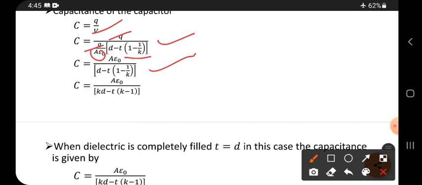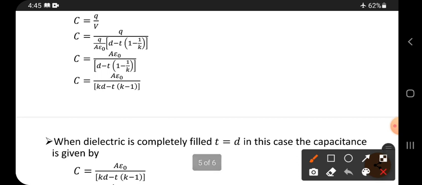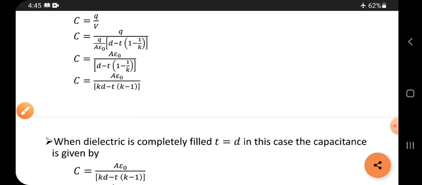Now take out LCM K, so it multiplies here and here also it multiplies. So this is LCM by K. Sorry, I forgot to write K terms above here also.